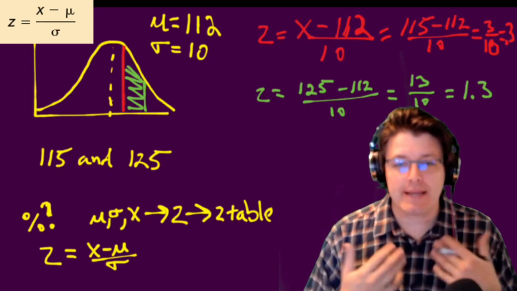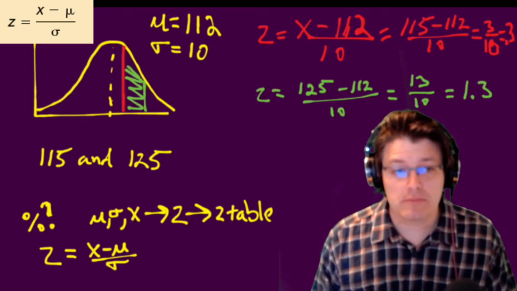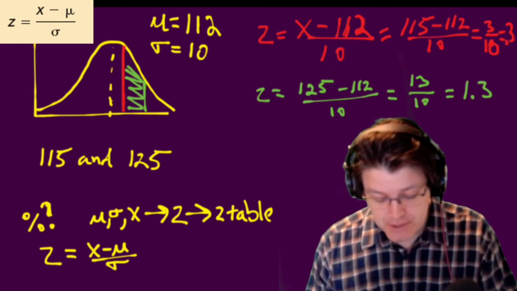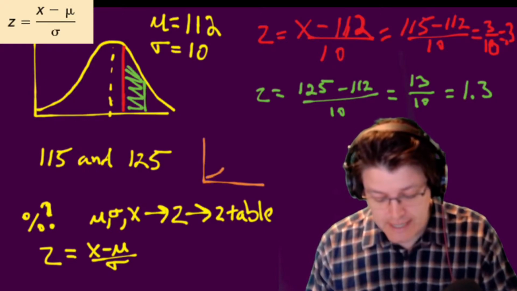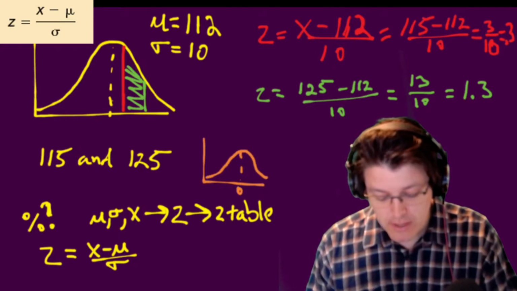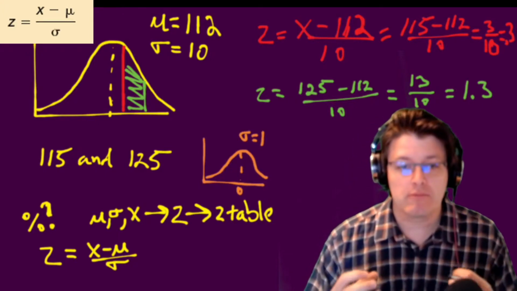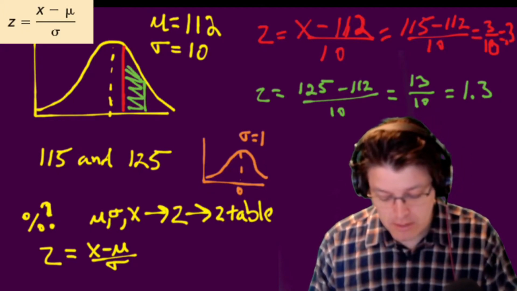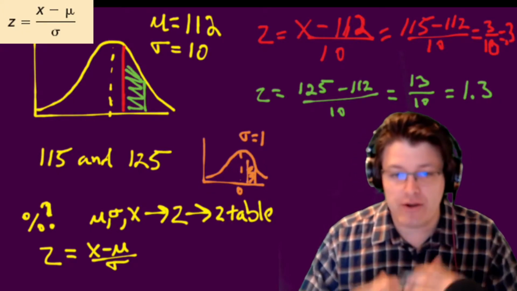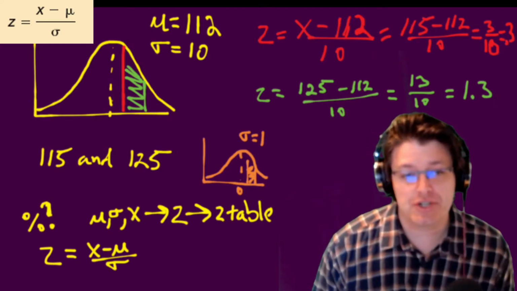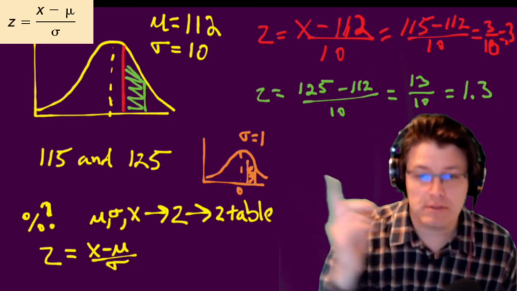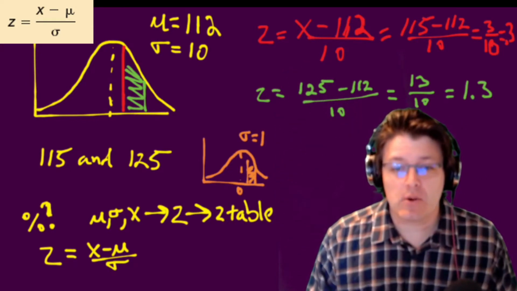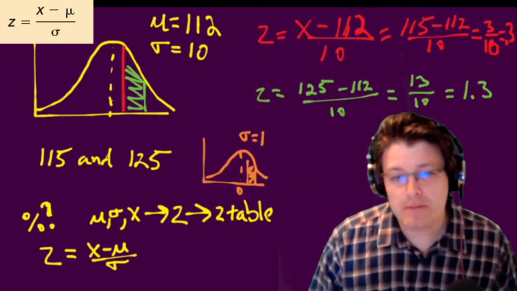Again, this is relying upon the concept of the standard normal, right? Just to refresh from what we've talked about earlier, the standard normal being normal with a mean of 0 and a standard deviation of 1. We can transform all of these normal distributions into the standard normal. Think about the area under a standard normal, and it's going to be the same relationship as our original one. So turning things into z-scores, we can then look on the z-table, right?